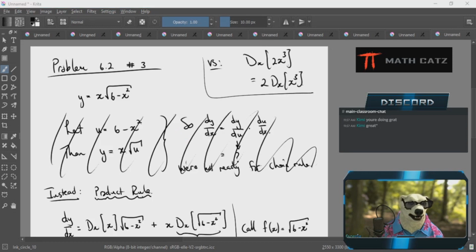I think number 5 is a good one. Not everything in 6.2 is a chain rule requirement. Okay, just remind me, I want to do 24, but I don't want to do it yet.